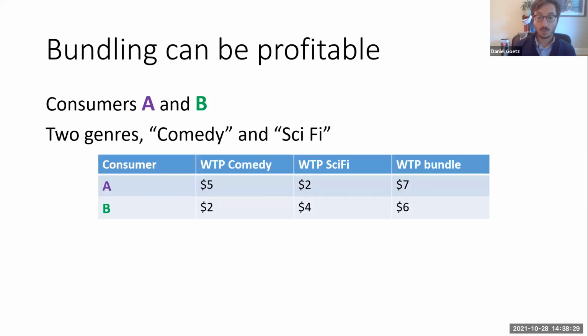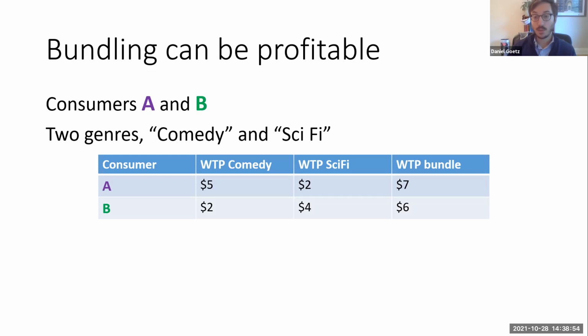So let's look at two consumers, A and B, and they like different TV shows. A likes comedy. So their willingness to pay for a streaming service that was just comedy would be $5 a month. And their willingness to pay for a streaming service that's just sci-fi is only $2 a month, right? So they like comedy, they don't like sci-fi.